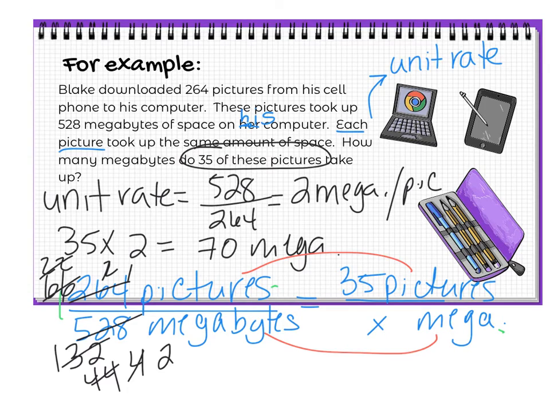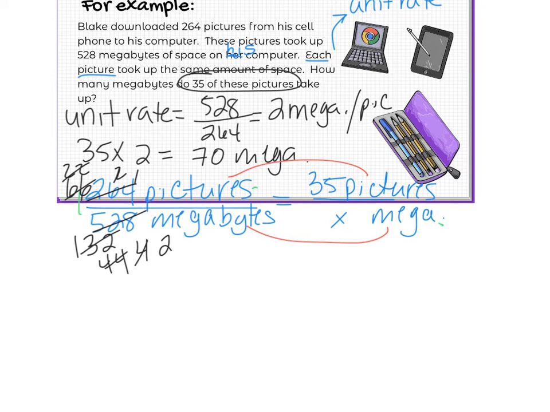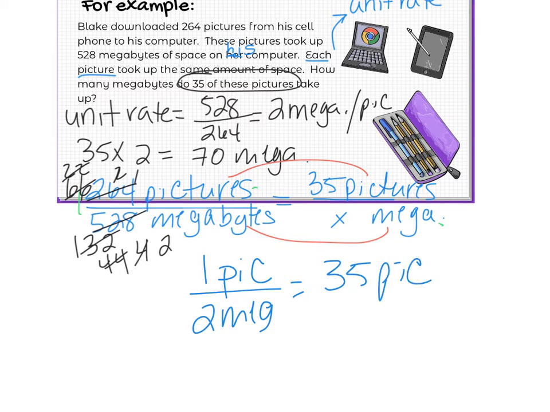Let me move this up. So I know that one picture, again, takes 2 megabytes. That's what I found out from all my simplifying up there. And so then 35 pictures, and I have X megabytes here.